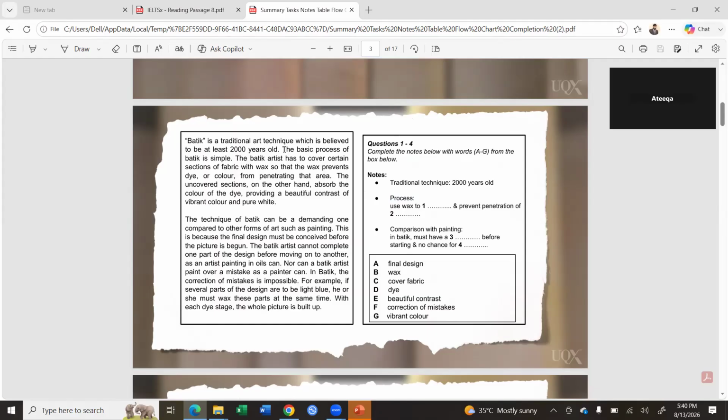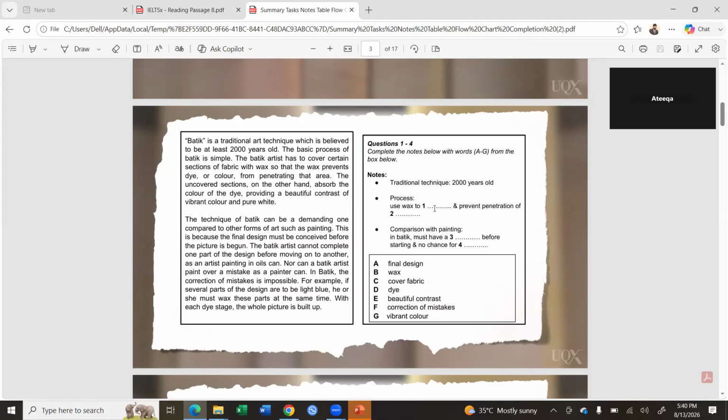You can see it here. The basic process of batik is simple, right? Now, where does it wax for? Okay, the batik artist has to cover certain sections of fabric with wax so that the wax prevents dye, right? But all, so dye is already here. Prevention is already mentioned here.